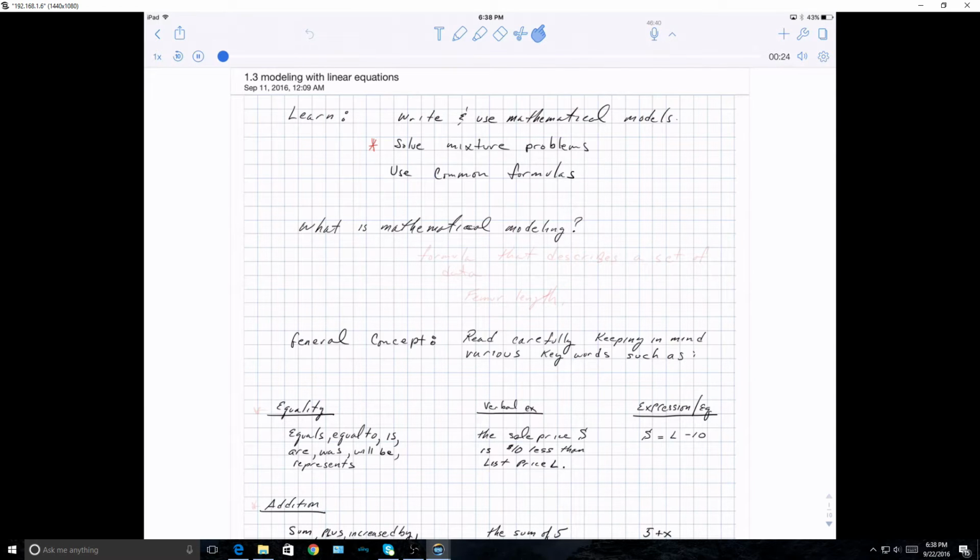So what is mathematical modeling? Well, the best way I think to put it is it's a formula that describes a set of data.